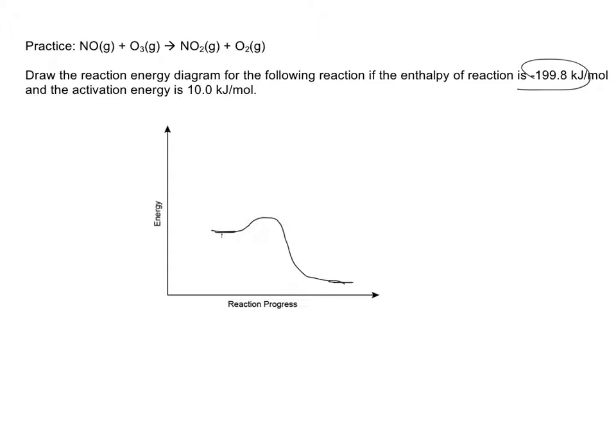So just to review, this energy difference from here to here is 199.8, and this little energy difference right in here, I don't know if I can even draw it that small, is only 10 kilojoules per mole, but that's what the energy diagram looks like for this particular reaction.